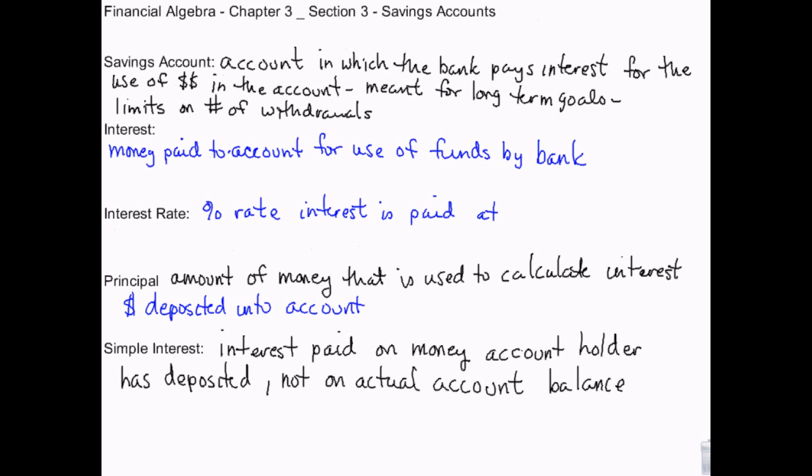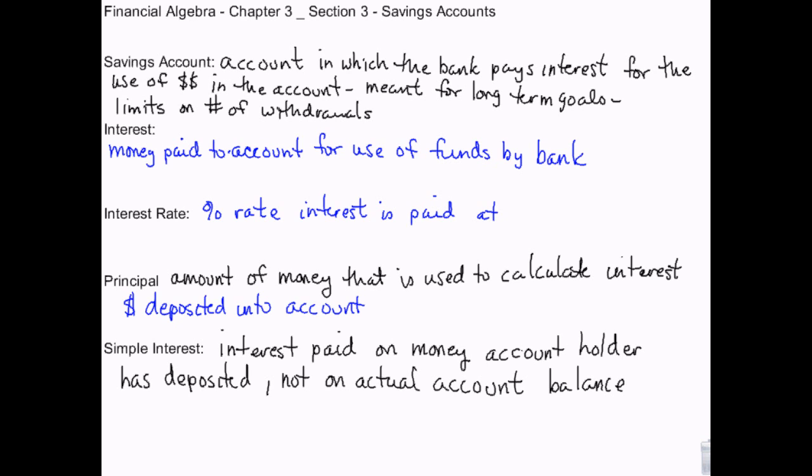So savings accounts are not meant for daily banking needs, like paying bills and doing all that stuff. Savings accounts are meant for long-term goal planning. So the money you put in your savings account, you're really not ever supposed to touch. You're supposed to just let it sit there for 10 or 15 or 20 years. CDs are also for long-term.